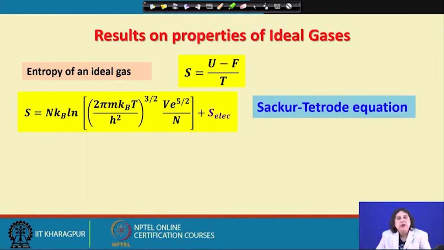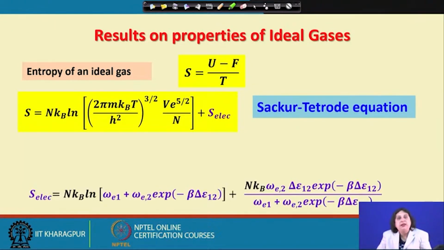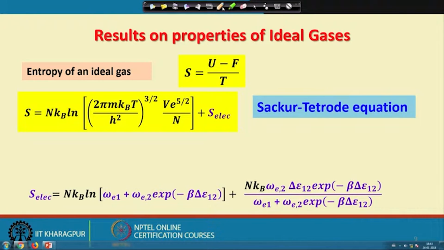And in today's class, we are going to use this equation a lot, and so it is very important that we understand what the different quantities involved are. Let me write down explicitly what S electronic is. What you must note in this expression is that S electronic is proportional to n kB, because this appears as a prefactor for both the terms that you see here.